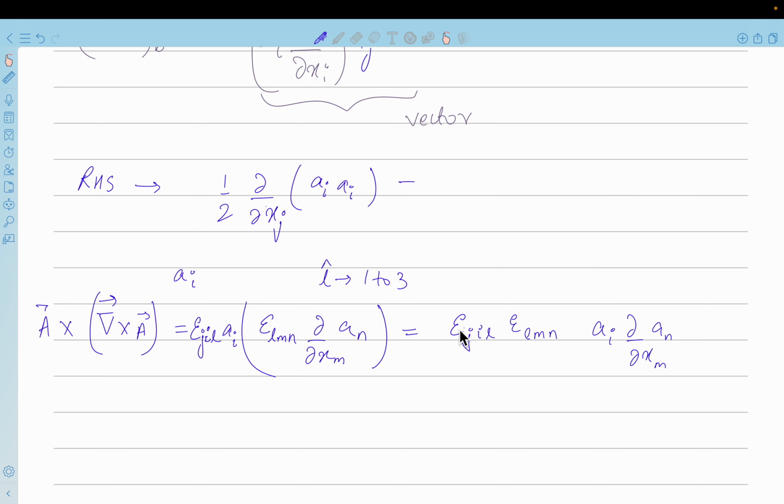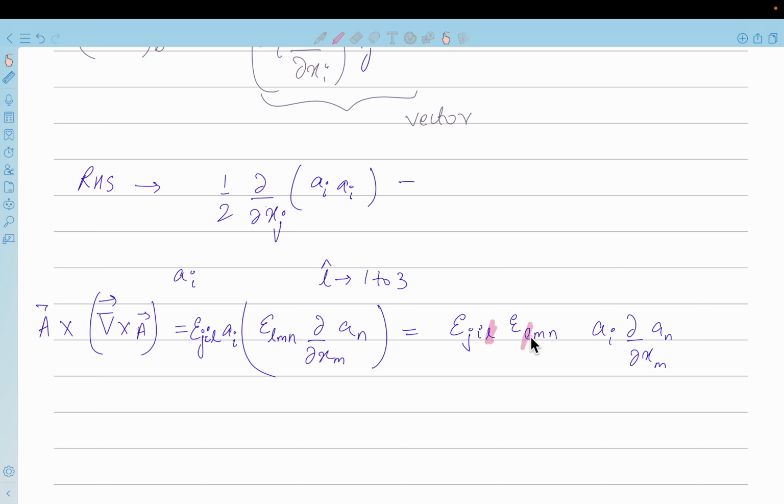Now you see there are two, these are called Kronecker deltas. So epsilon JIL and then epsilon LMN. There are properties when there is one common index, like this L is common.